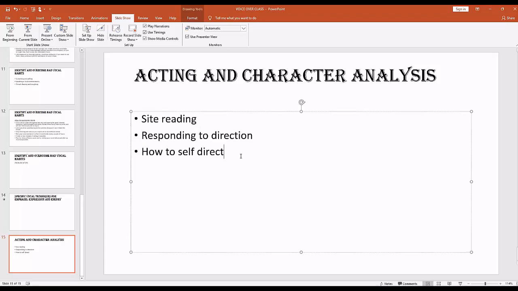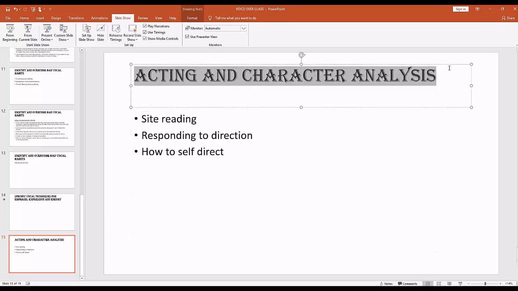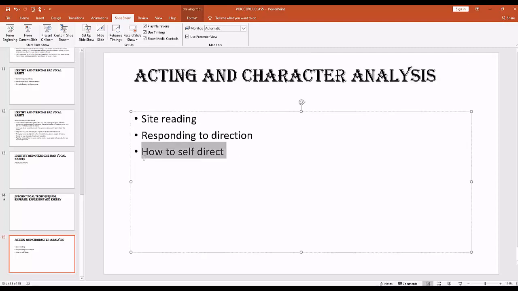All right. Now, here is the main reason why we are here. Acting and character analysis is basically to show you how to self-direct.